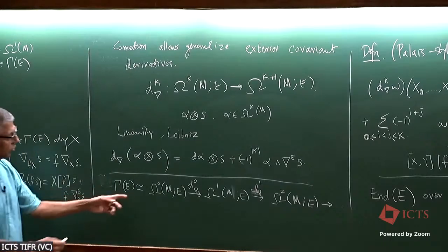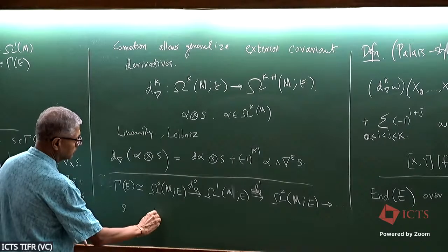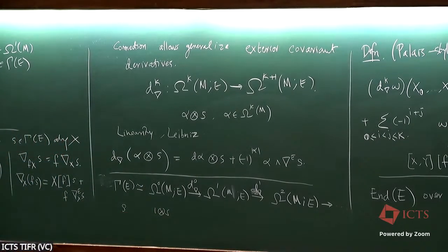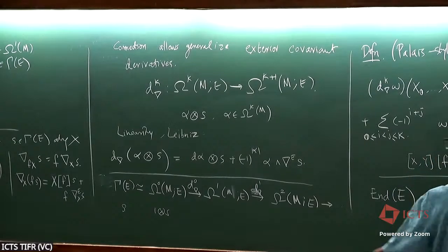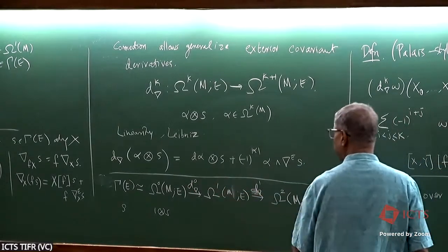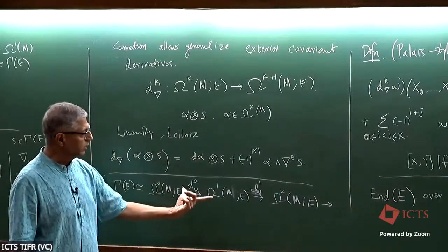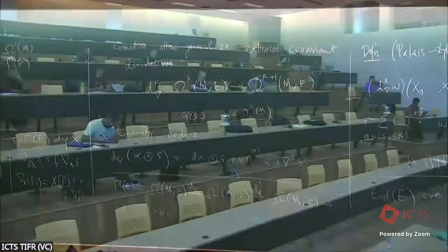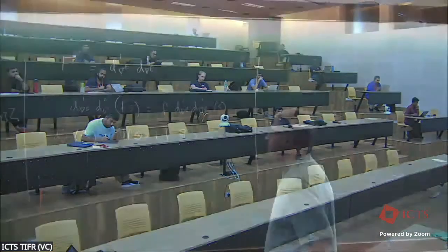And this isomorphism is that if I have a section s, I can think of it as the constant function 1 tensor s. So it's an E-valued 0-form. So this is the sequence we are looking at, and we are looking at the first two maps, but you can do any d squared. So d squared is going to turn out to be an algebraic operation. It's going to have this linearity property.